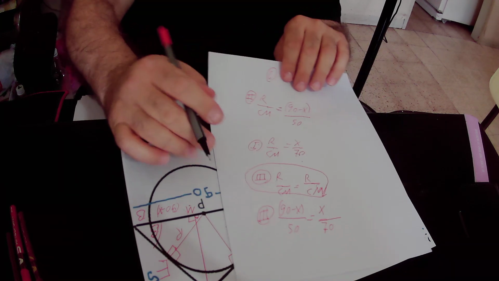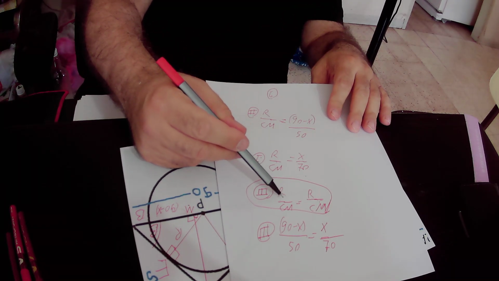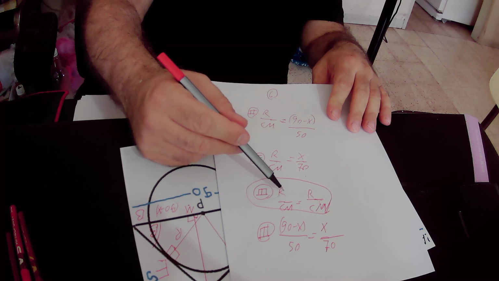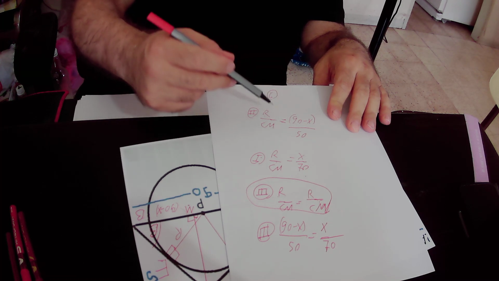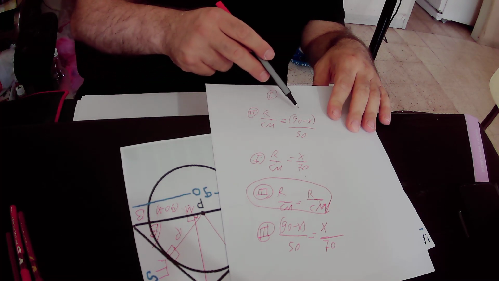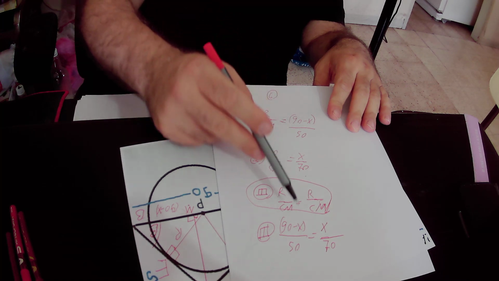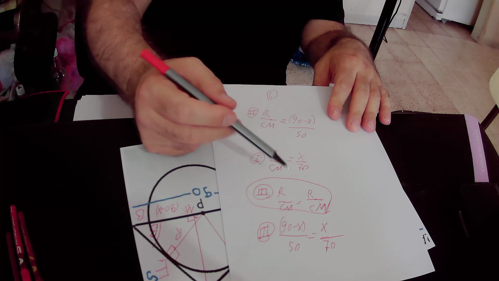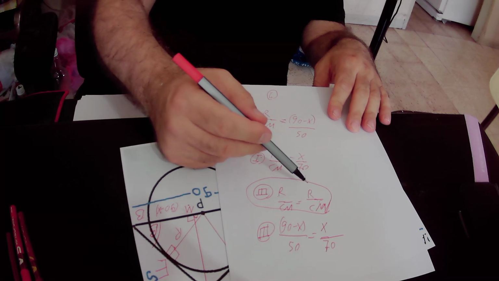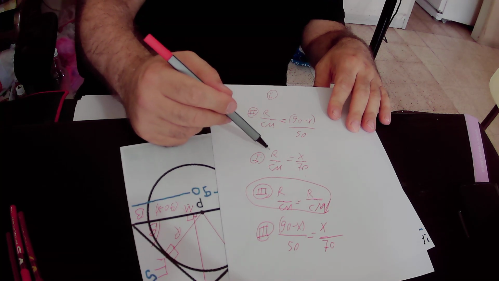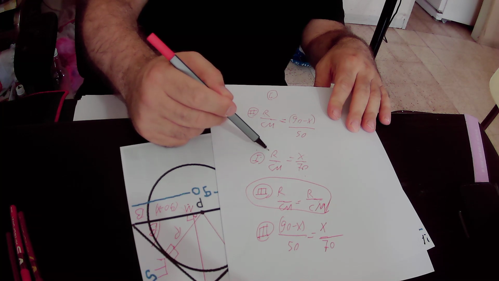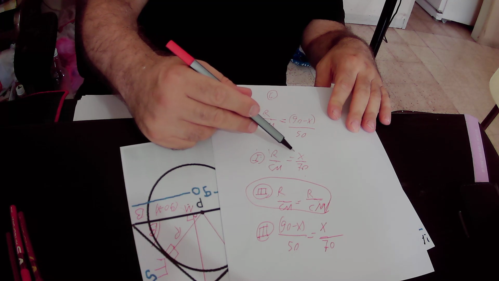So here we substituted R over Cm by the value of R over Cm from the second equation, that is to say R over Cm equals 90 minus 6 over 50, so we wrote here 90 minus 6 over 50, and we also substituted in this side of the equation the value of R over Cm from the first equation, and the value of R over Cm from the first equation is x over 70.